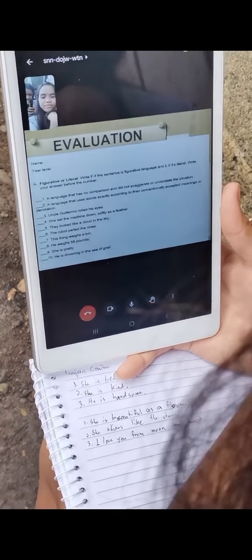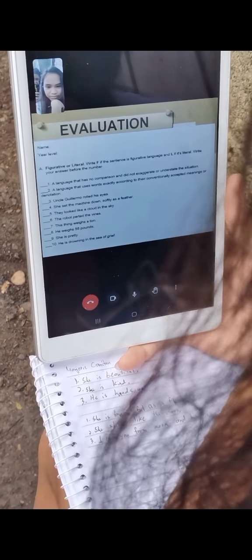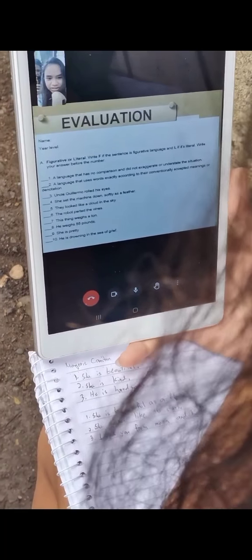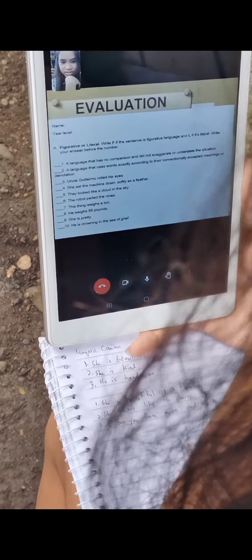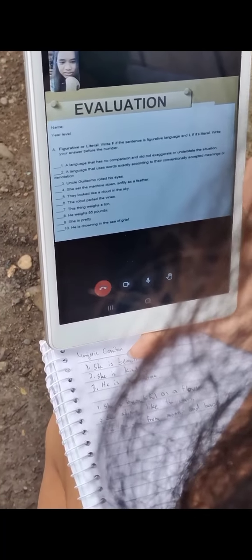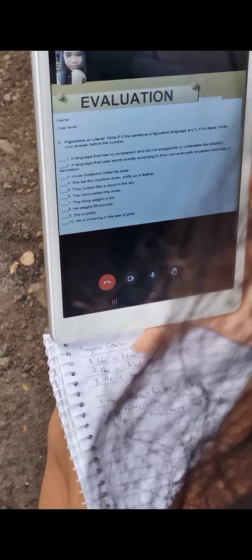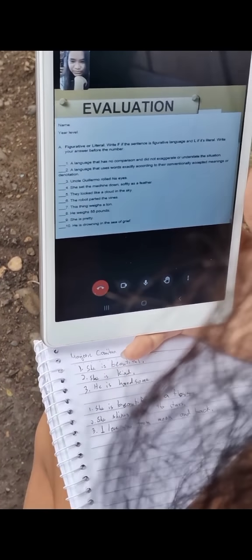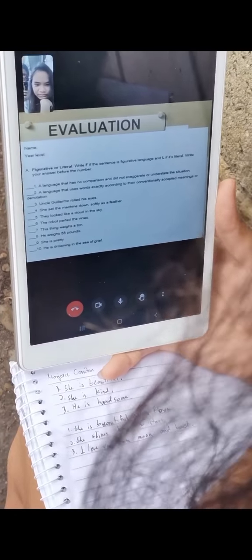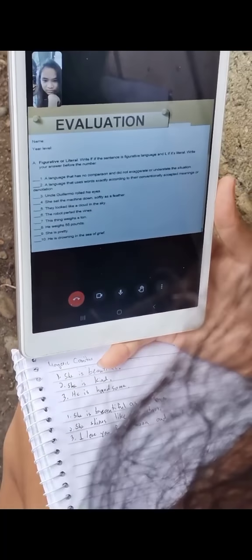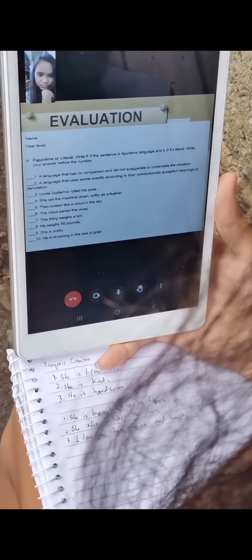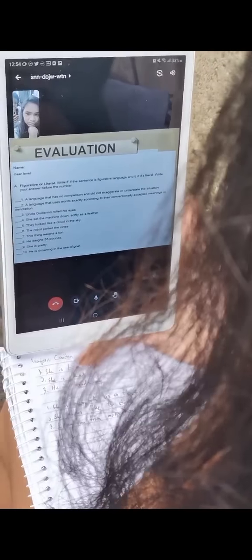Is it letter F, does it contain figurative language, or is it letter L if it's literal language? It's letter L. Very good. It's literal language because it does not exaggerate or understate the situation, nor use a language that contains comparison. You got number 1 correctly.